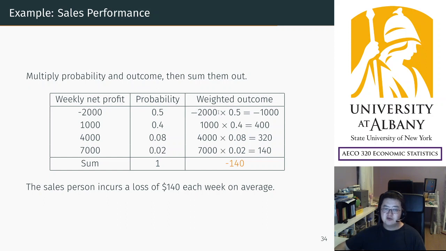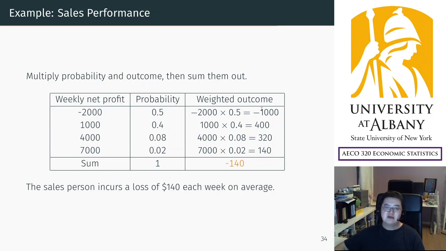So minus 2,000 times 0.5, and 1,000 times 0.4, 4,000 times 0.08, 7,000 times 0.02. It's simple algebra. And finally, sum these four numbers.